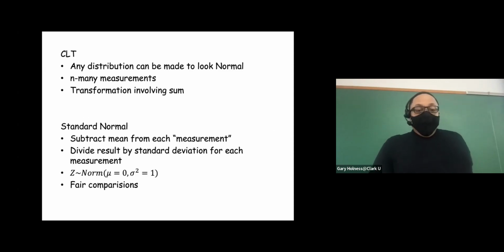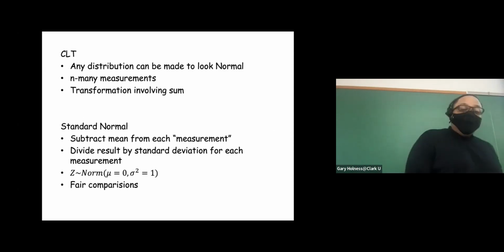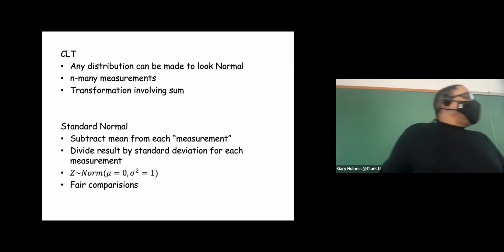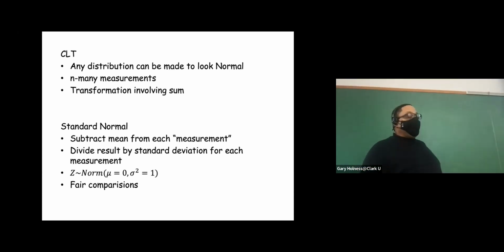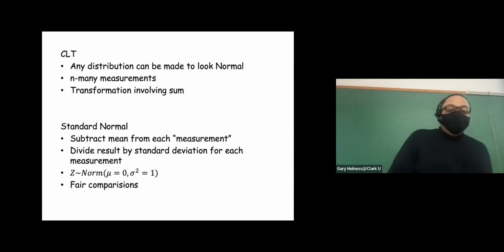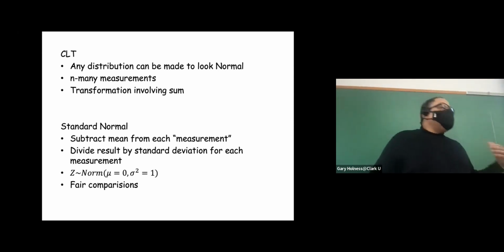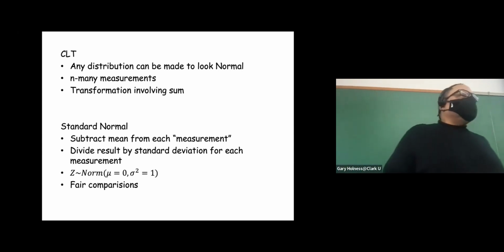No? All right. And so with the central limit theorem, we said that any distribution, and we'll see some examples today in Jupyter Notebook, regardless of whether it's discrete or continuous, or what the distribution family is, can be made to look like a normal distribution. We take n many measurements and transform them using some operation that involves a sum. The more terms in that sum, the more this transformed version, regardless of distribution, looks like a normal distribution.